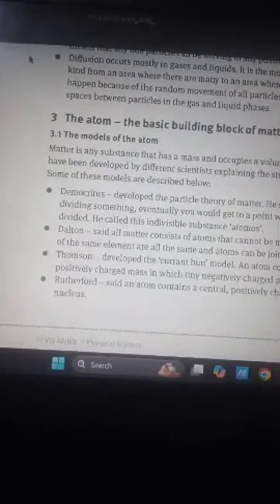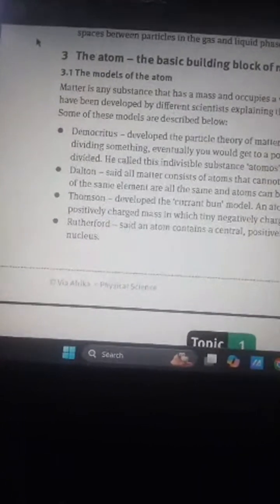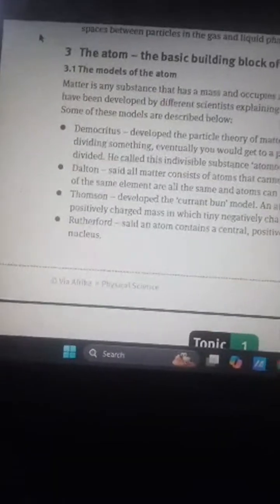Coming back to atoms, we did say the atom is a basic building block of matter. So matter is made of atoms. Matter, the definition, we still remember this from grade 9, is a substance that has mass and can occupy volume.